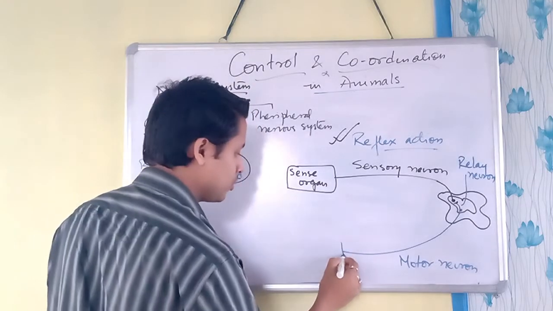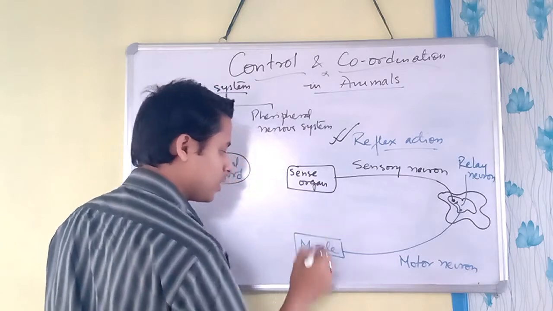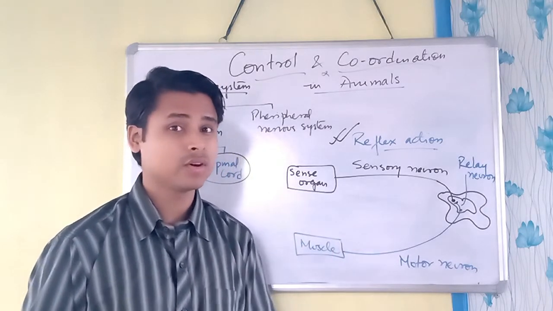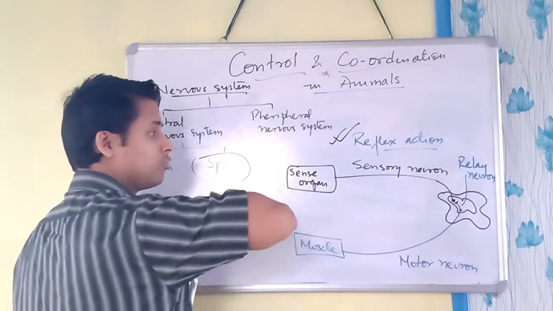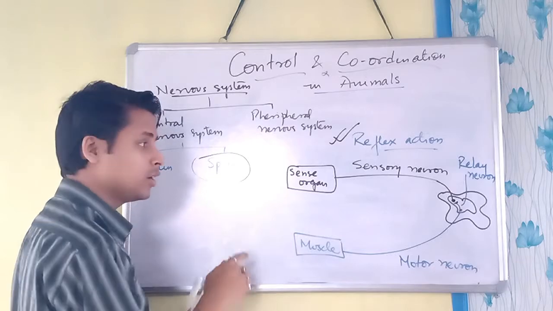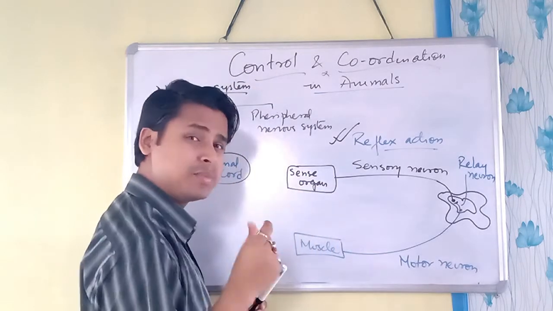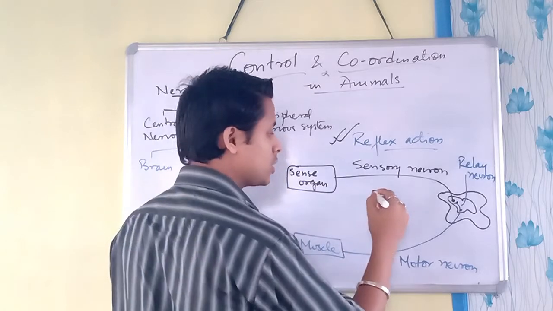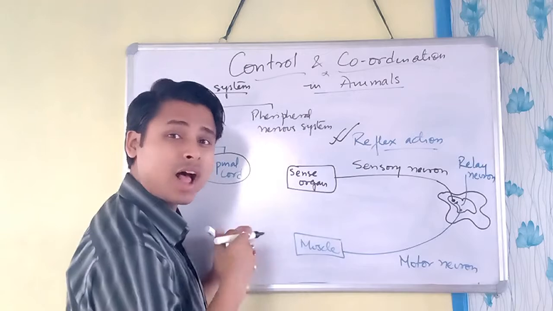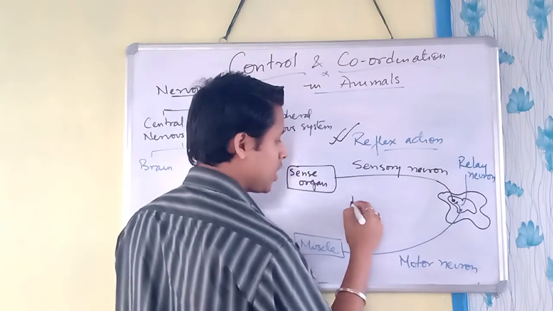And this motor neuron will provide this information to the muscle, and then the muscle will work accordingly. So you can see the information is going to the spinal cord and it's coming back, and the action is happening, right? It is in a reflex way, a very immediate response. That's why, you can see, it is forming an arc. In mathematics also there is an arc, right?